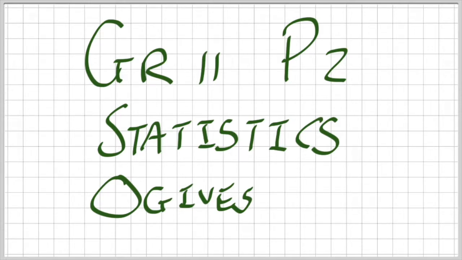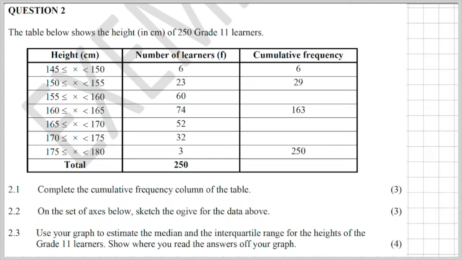Today we are specifically going to look at ogives, in other words, grouped data intervals, and the diagrams that go with them. We are going to look at this question that was asked in the Department of Basic Education 2020 GDE paper, a Gauteng 2020 November exam.